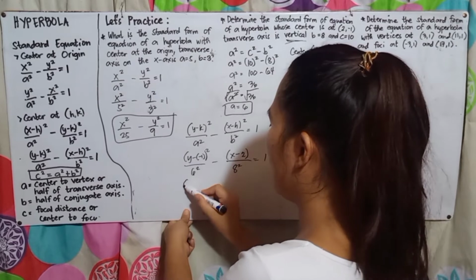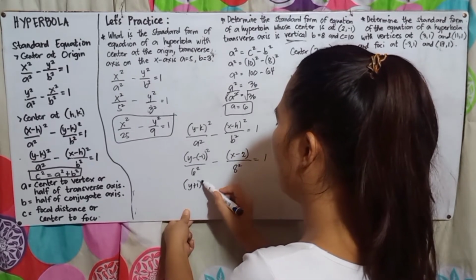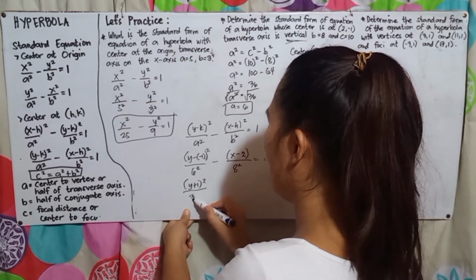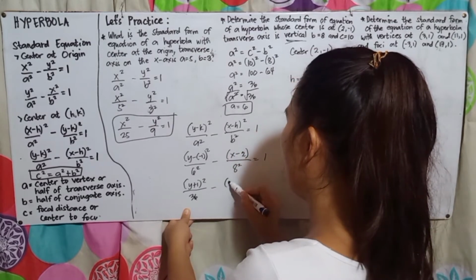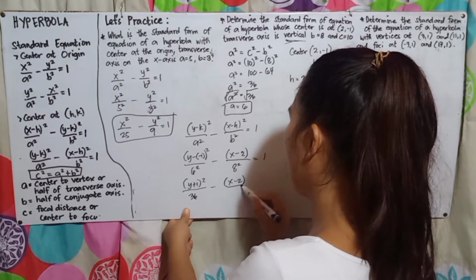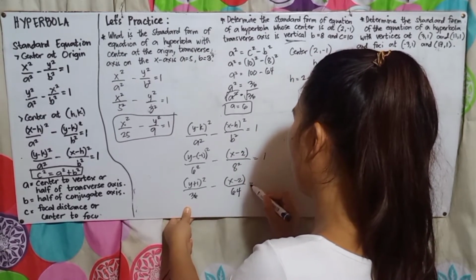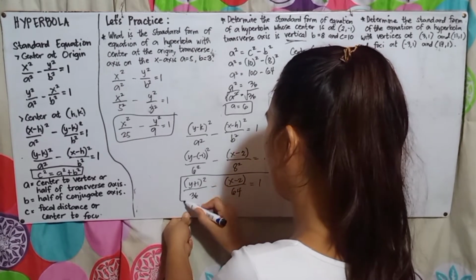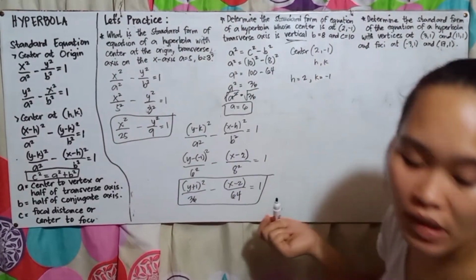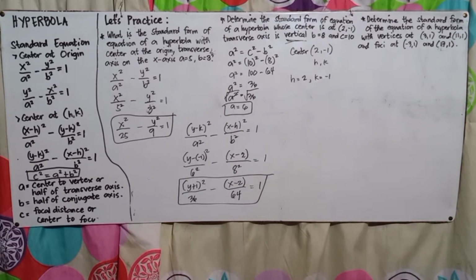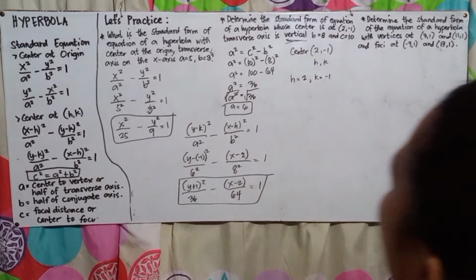So, magiging y plus 1 squared over 36 minus x minus 2 squared over 8 times 8 is 64. So, this is now our equation. Okay, next example.